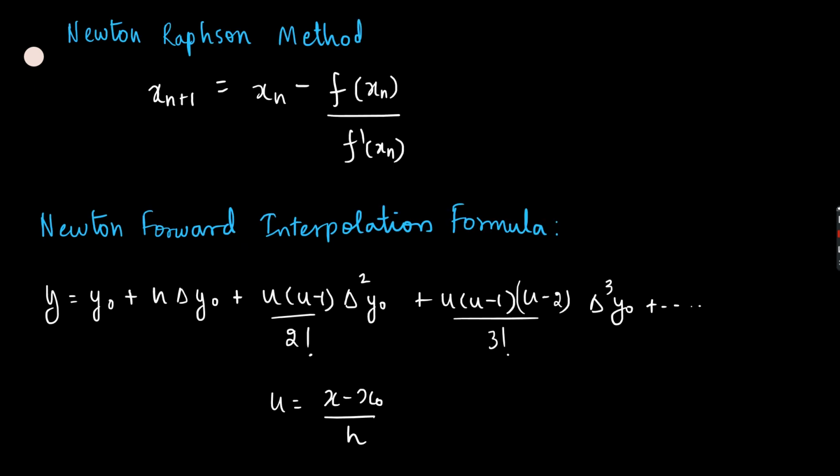And then this is the Newton-Raphson method with the formula over here, and the Newton forward interpolation formula. So from numerical techniques, at least these 5 topics, if you learn and you try to solve problems from those, I think that is more than enough for you to at least attend the question and get 5 marks very easily.